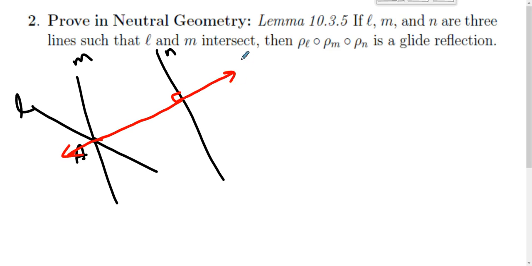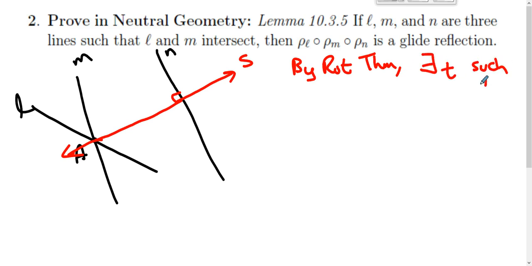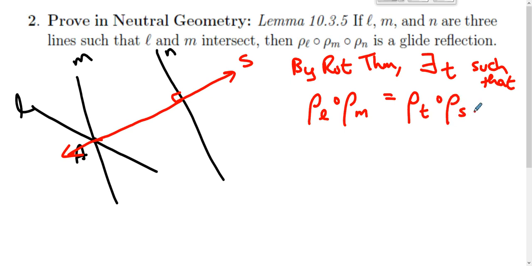This is line S. By the rotation theorem, there exists a T such that this reflection that we want to do away with is the same as this reflection that we'd like to keep around.